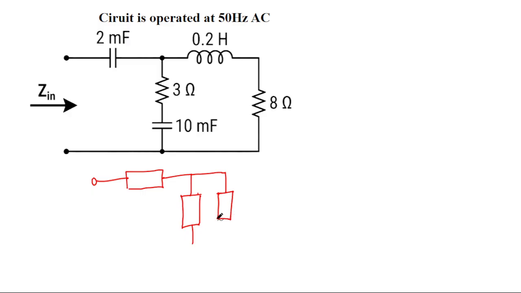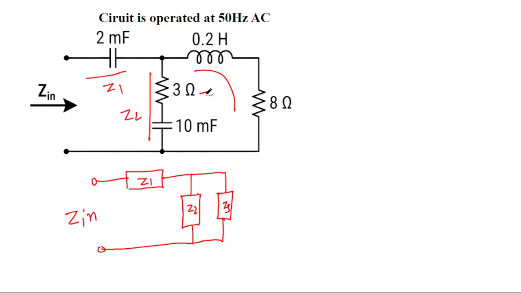So there are three impedances: this is your Z1, this is your Z2, and this is your Z3.